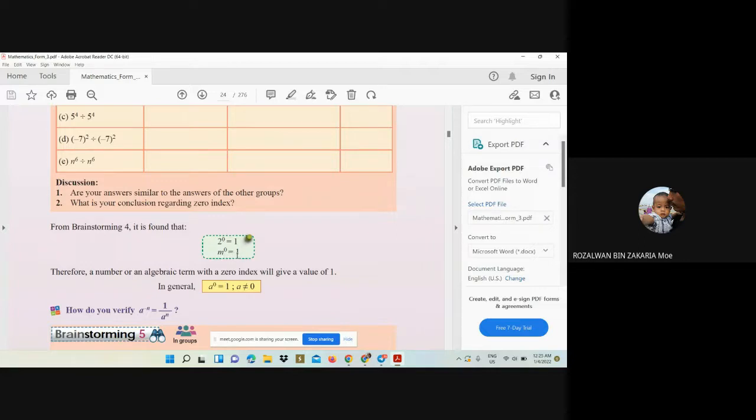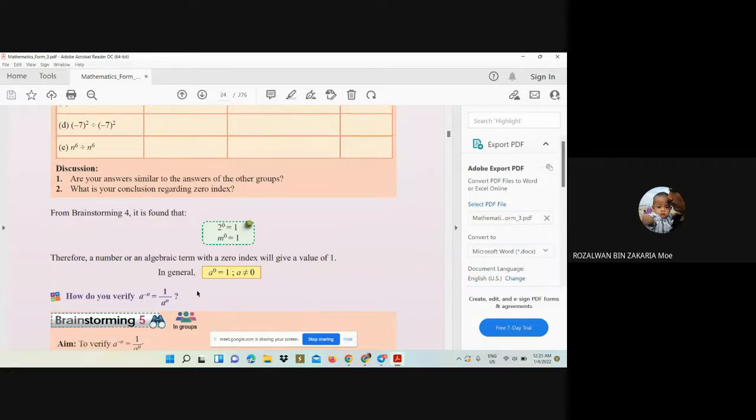That means if a number has a power of 0, it is equal to 1. Therefore, a number or an algebraic term with a 0 index will give a value of 1. In general, a power of 0 equal to 1, where a is not equal to 0.